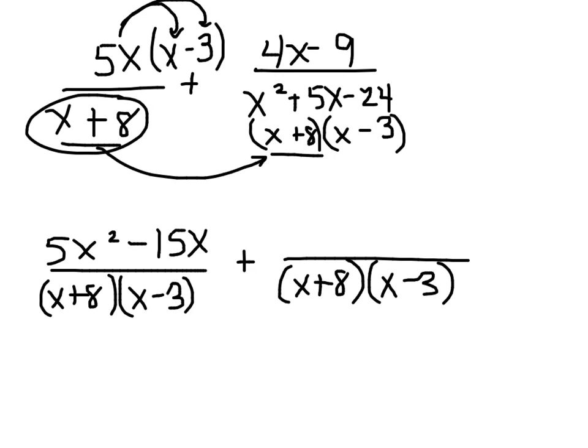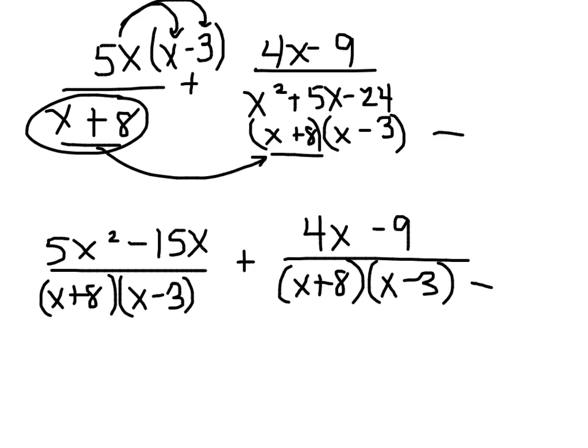Good. Looking at the second fraction, do I need to multiply it by anything? No. Because this bottom is the same as this bottom. So therefore, can I just keep it the same? Yeah.